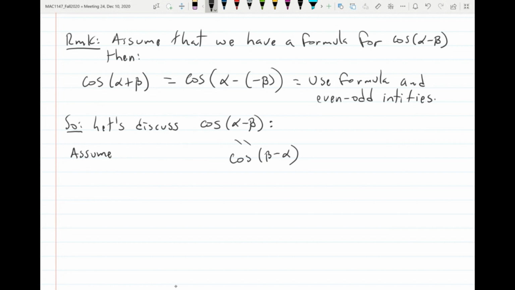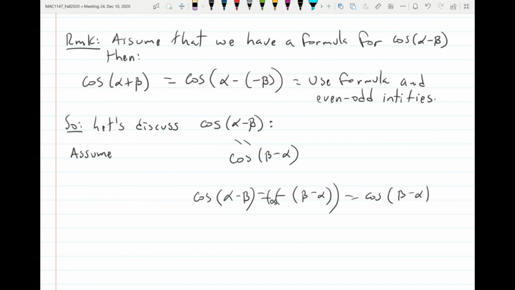Okay, and just to show you this, alpha minus beta, you can write it as minus of beta minus alpha. So if you do cosine, it's like doing cosine of this. But remember, cosine is an even function, so it kills the minus. So cosine of alpha minus beta is the same as cosine of beta minus alpha, okay?